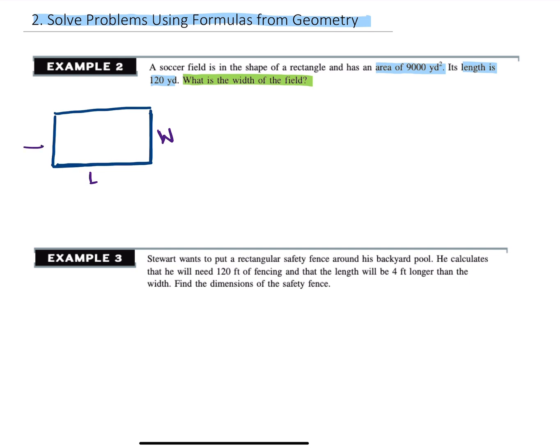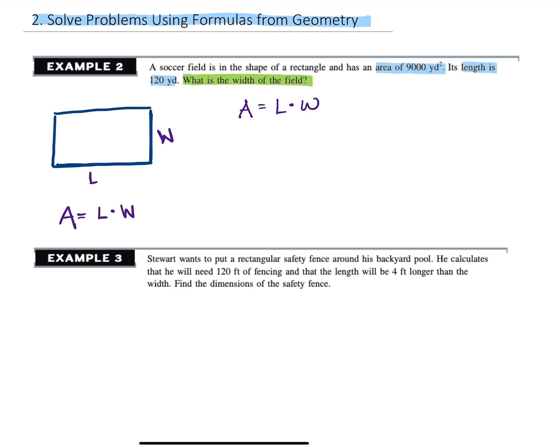We could have called this the length and this the width. As long as we're consistent, we'll still get the same answer. And so we do have to know the area of a rectangle, which is length times width. So let's start there. Our area is length times width.